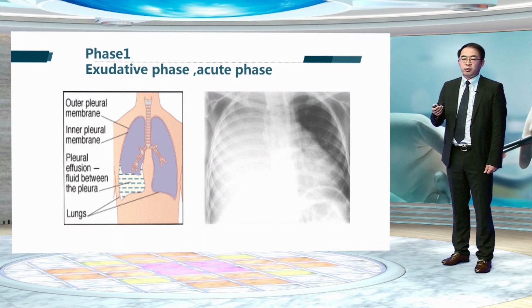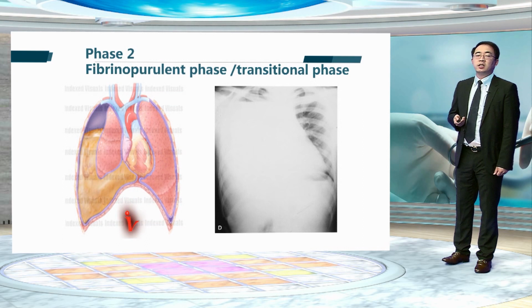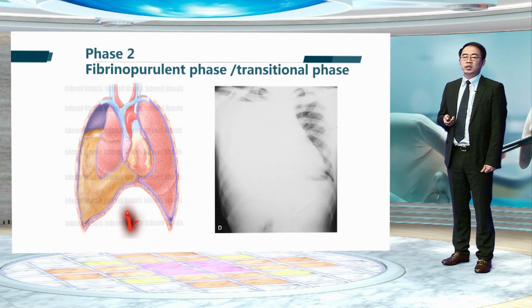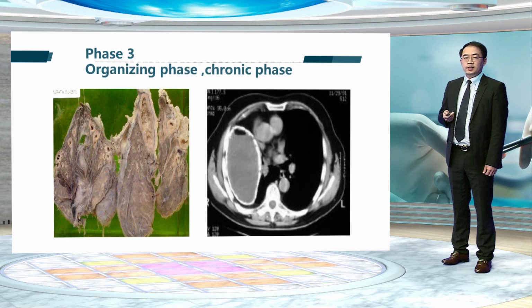In the right-side X-ray, you can see a large amount of fluid in the space. The second is the fibrinopurulent phase, also called the transitional phase. The third is the organizing phase, also called the chronic phase.